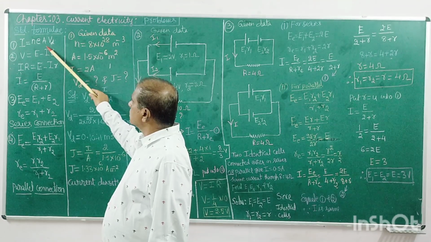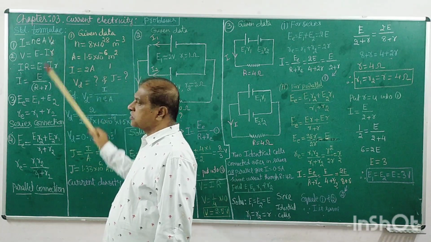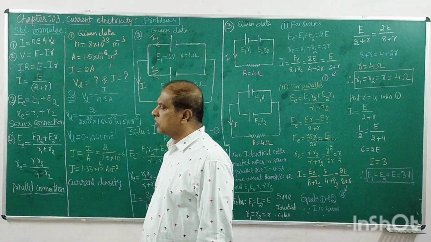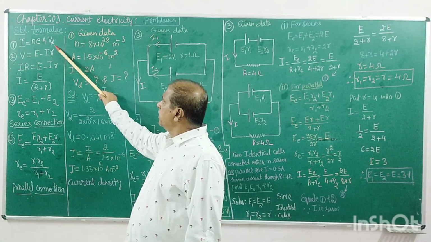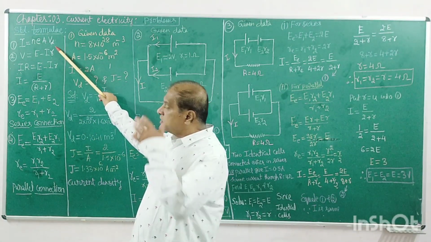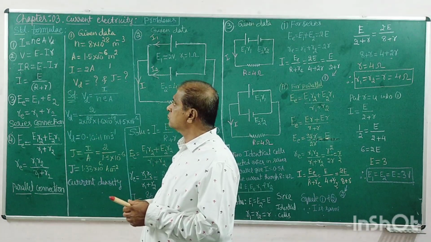A stands for area of cross section of the conductor, and Vd drift velocity of the electrons.